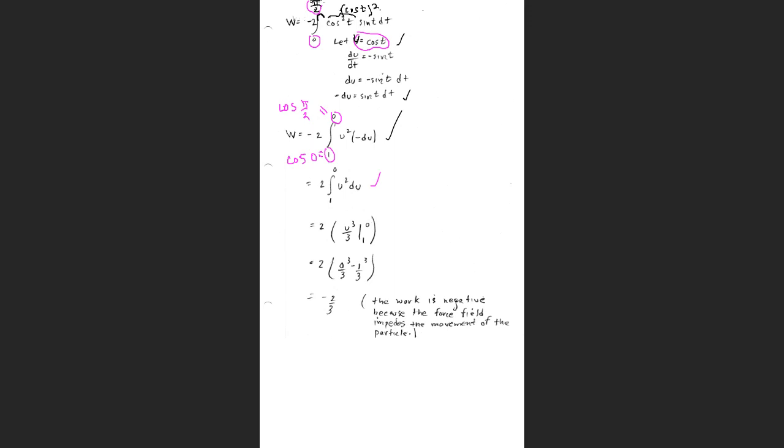And now it's just an easy problem to do. You work it out, and you're going to get negative 2/3. So we did get negative work, and the work is negative because the force field impedes the movement of the particle overall. And it looks pretty definite here, but we can add the word overall, right?